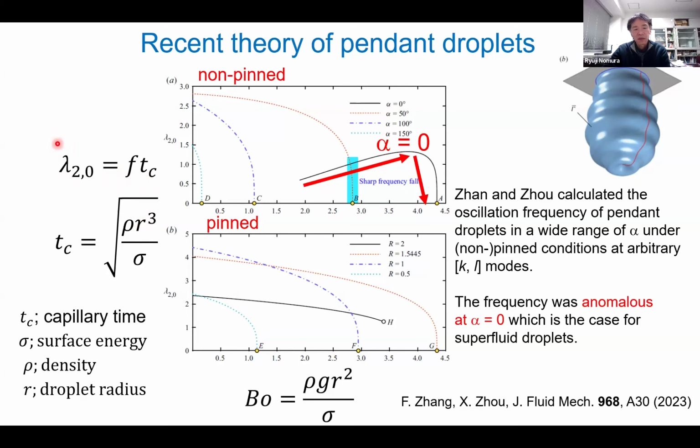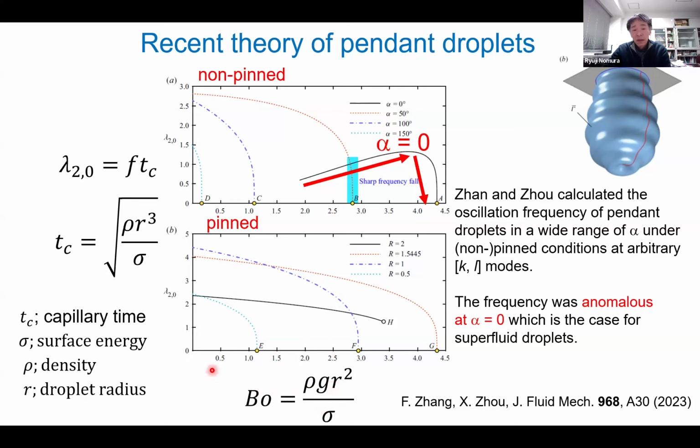So lambda is a scaled frequency, and they calculated this lambda as a function of the Bo. Bo is the Bond number, which gives a ratio between the gravitational energy and the surface energy. If the size of the droplet is large, this R is large, so the gravitational effect is larger, and the Bond number becomes larger.